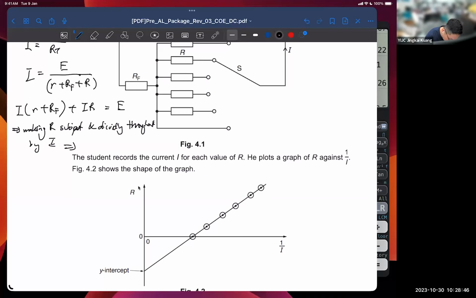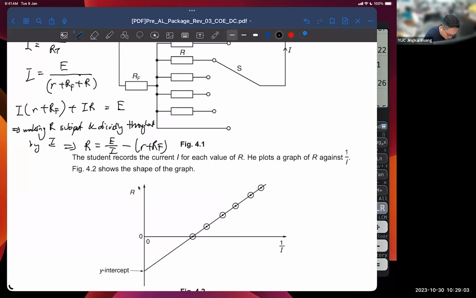So I get R equals E over I minus (r plus RF).